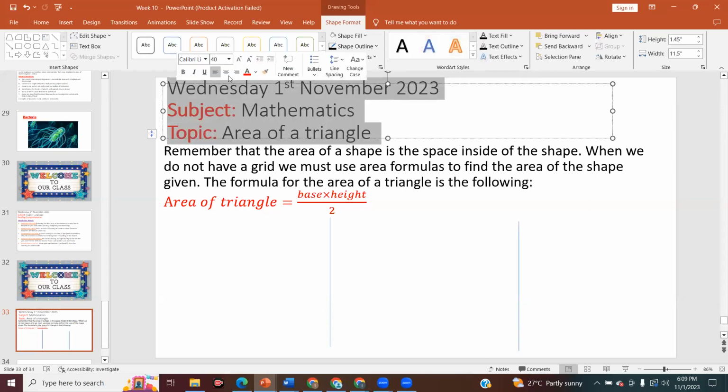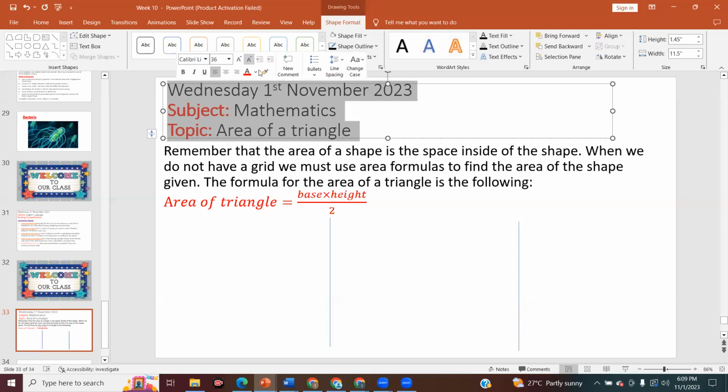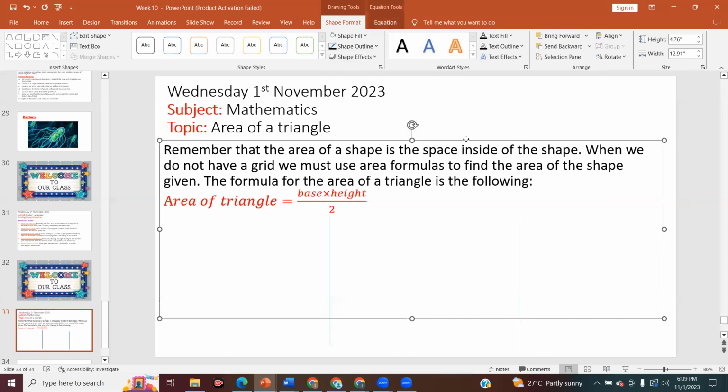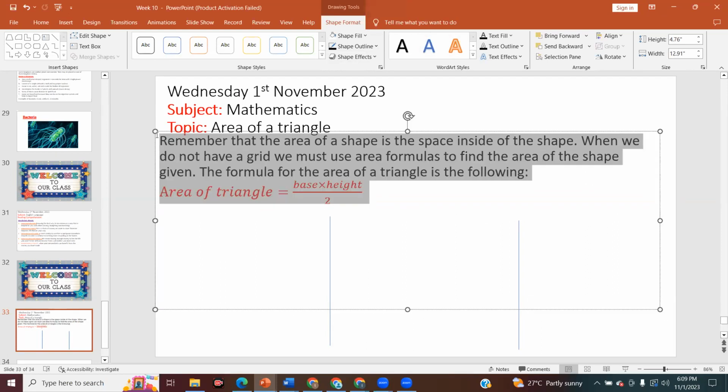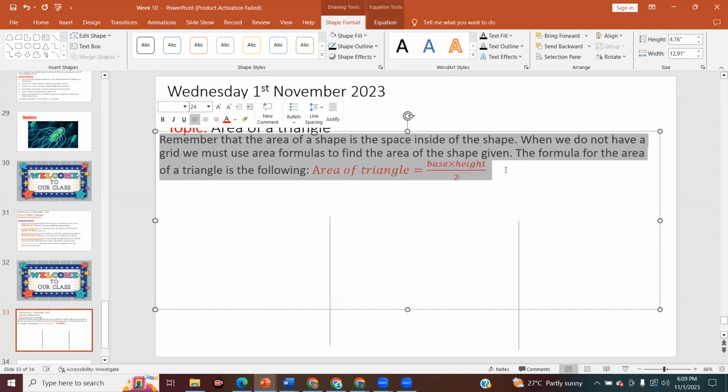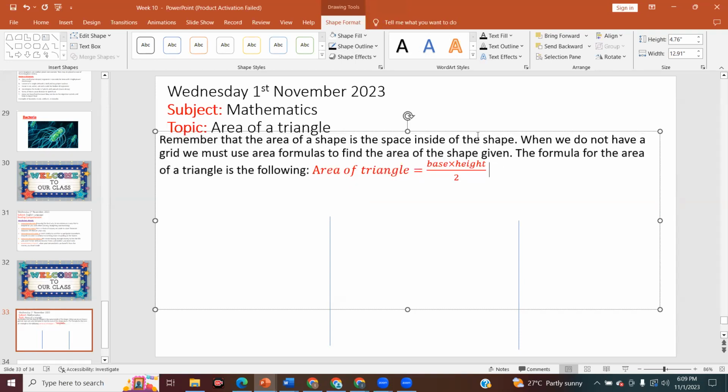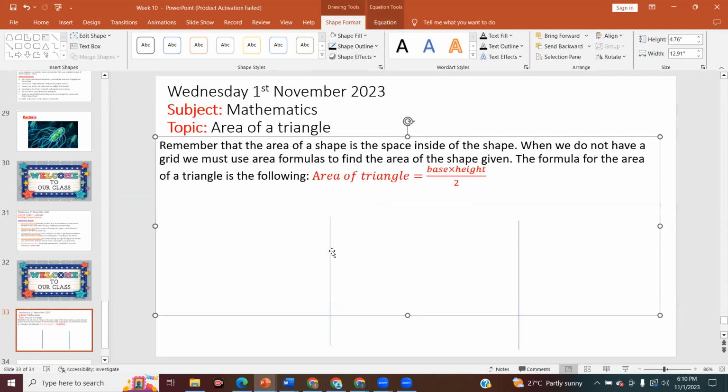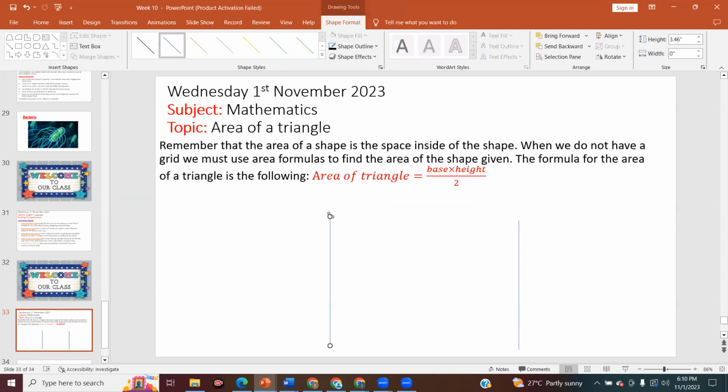The length is longer and the width is shorter. Very good. So for the area of our triangle, we multiply the base by the height and divide by 2. Base times height divided by 2.